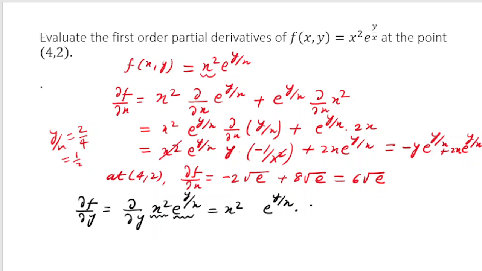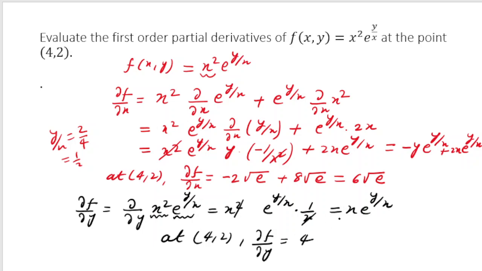So 1 by x will be a constant and derivative of y will be 1. So I get this. So this x and x cancel. So what I get is x into e to the power y by x. They are expecting us to evaluate at the point 4, 2. So at 4, 2, del f by del y will be x is 4 and e to the power 1 by 2. So that is under root e. So the value of this is 4 under root e.